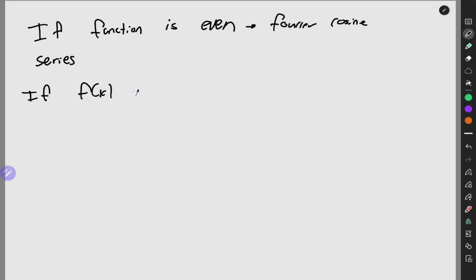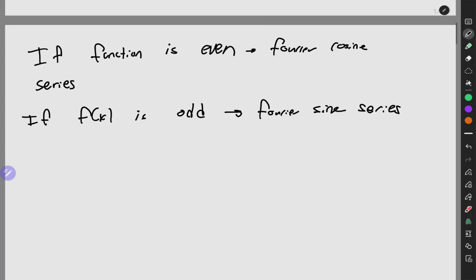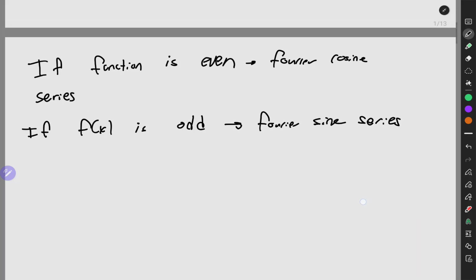If f of x is odd, we have a Fourier sine series. Just think about it, because we know the sine function itself is odd, cosine as a function itself is even. So it makes sense.